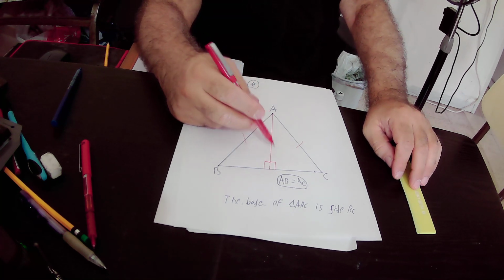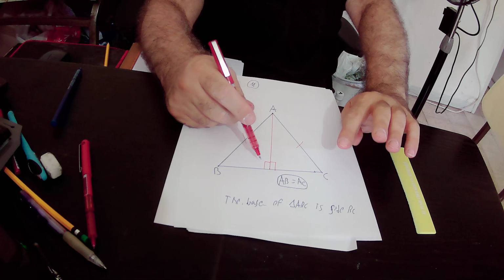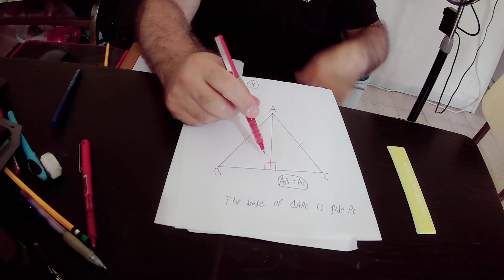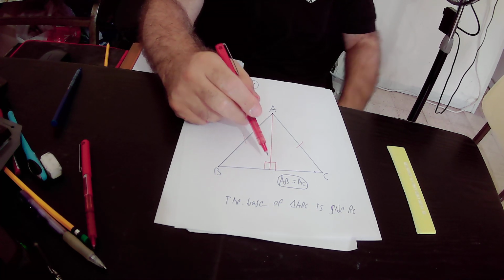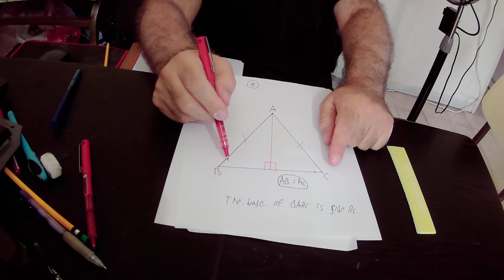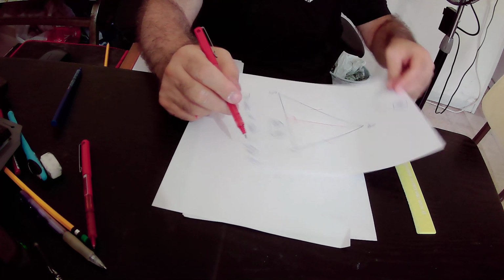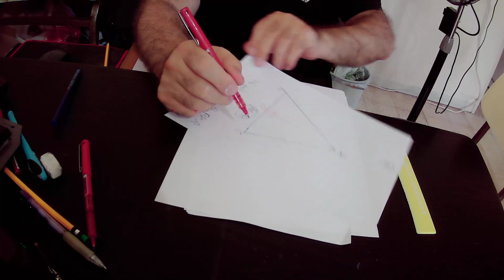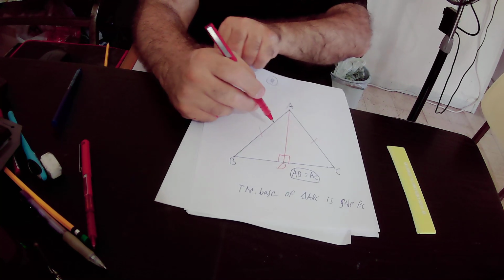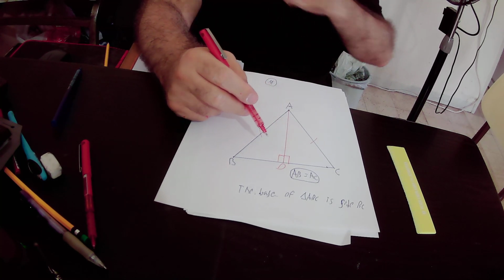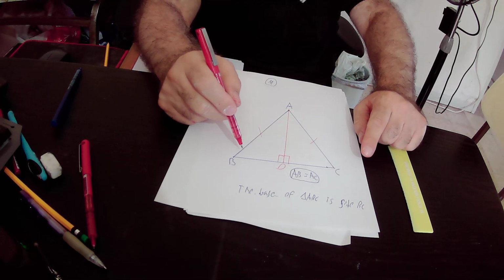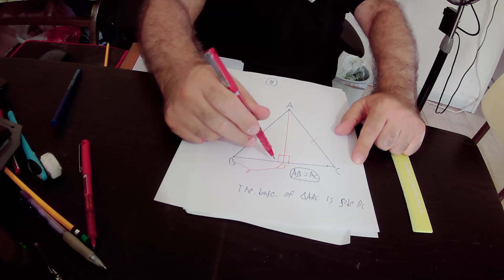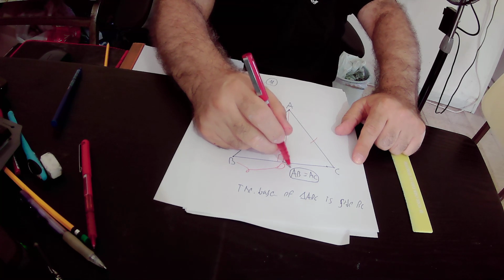So this is the perpendicular from point A to the base BC of triangle ABC, and we will call the touching point between the perpendicular and side BC point D. Then, according to rule number 3, the height AD divides the base BC into two equal parts, that is to say BD equals DC.